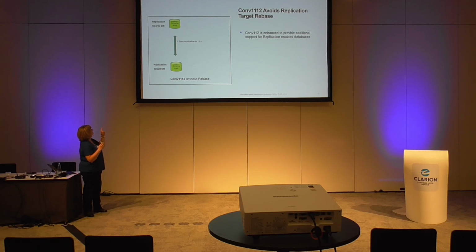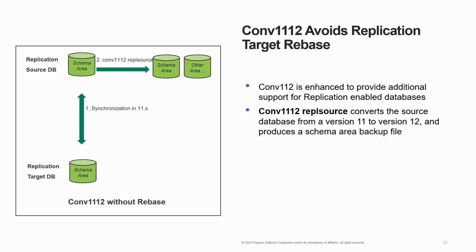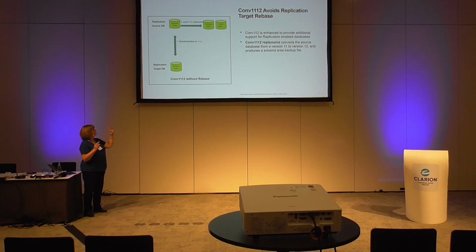Then you convert your source database with an additional parameter on there, REPL source. So it's telling convert we're doing a source database, and it's going to output, as part of that convert, another backup file, a schema area backup file.